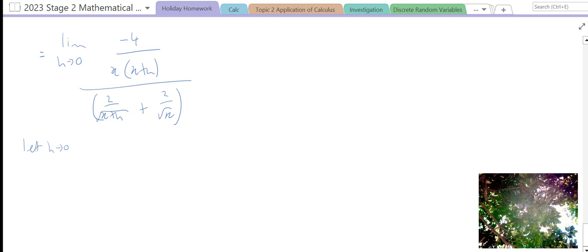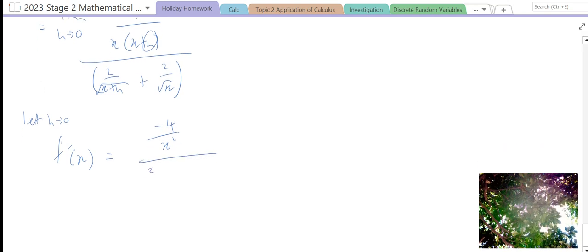What we've got then is f dash x is going to be equal to minus 4 on, well, if that's 0, it's x times x, so x squared, over, now this is 2 on root x plus 2 on root x. Now I have to do a bit of algebraic trickery here.